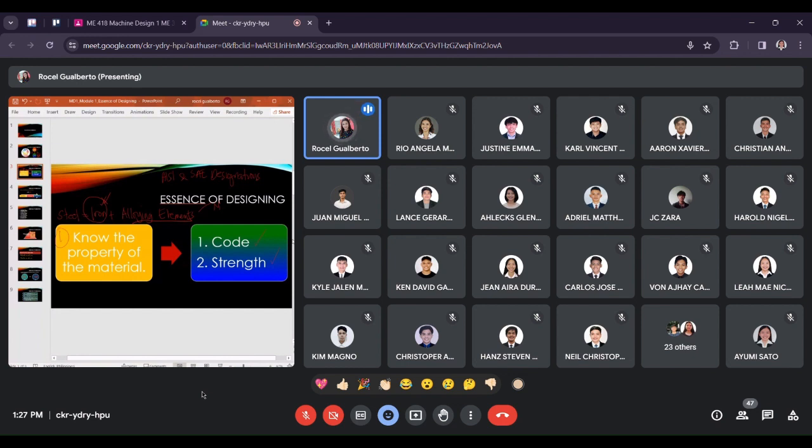Okay? So, kada ina-add po natin sa kanya, may kanya-kanya po siyang effect. Halimbawa po, if you add your nickel, that will increase po yung strength ng atin na material. Okay? So, mas tumataas po yung hardenability ng material.